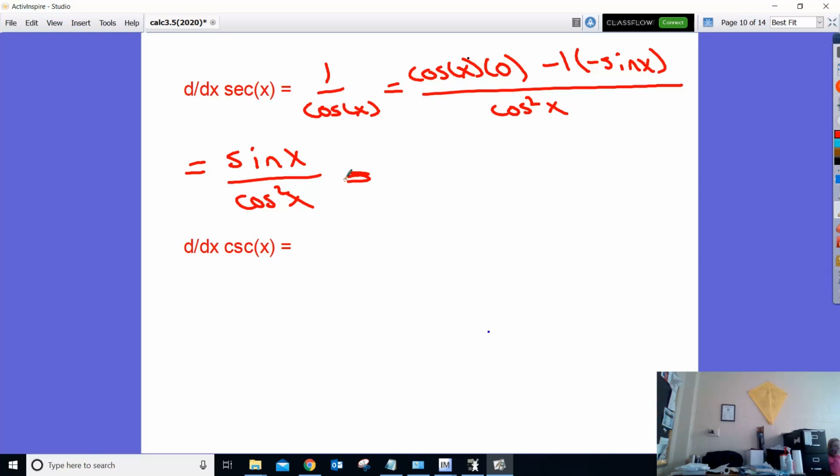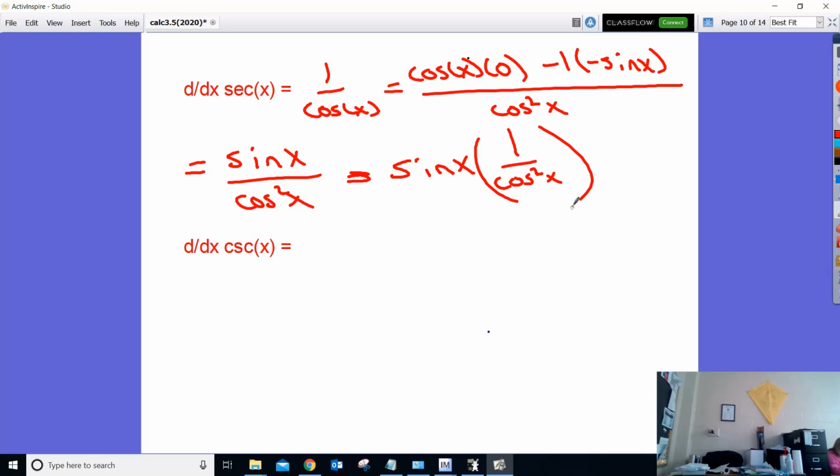All right, well, please accept this in your heart. This is sine of x times 1 over cosine squared of x. That makes sense? I could break it apart like that? Well, what's 1 over cosine squared? Secant squared.